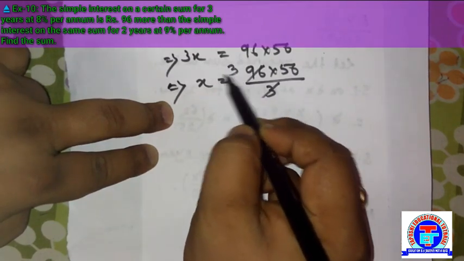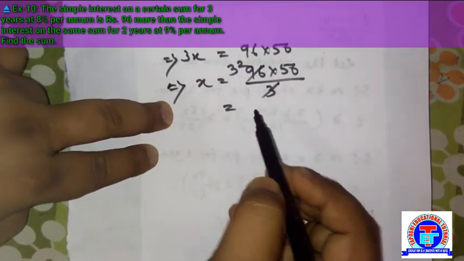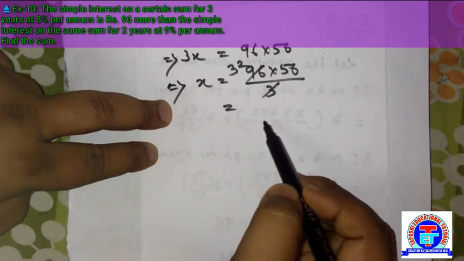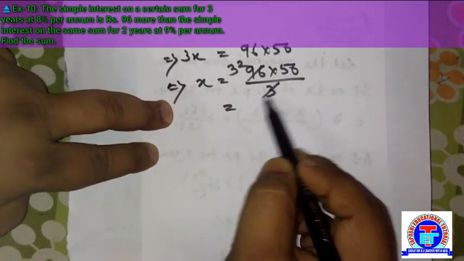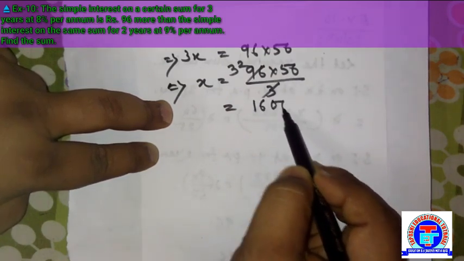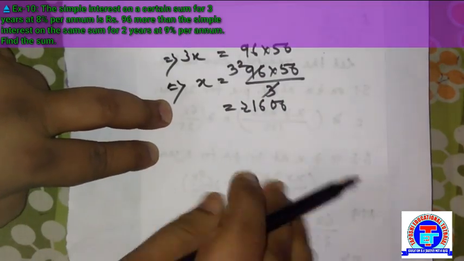This 3 and this one 2. Now it will become 16, 15 and 16, so 1600 rupees, right?